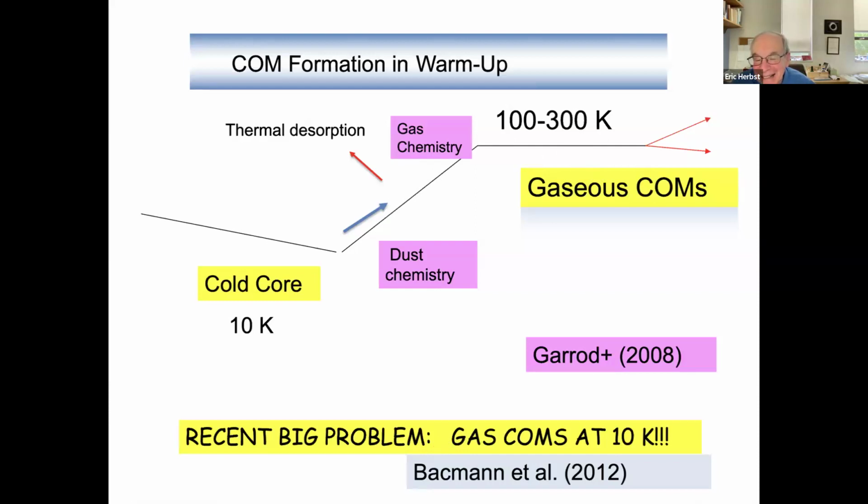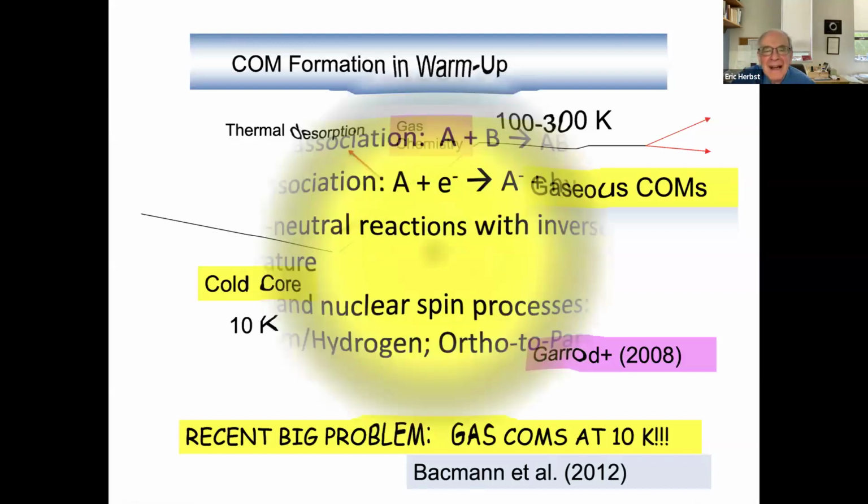And indeed, they now seem to love 10 Kelvin. So we have very cold molecules and warm molecules. The cold ones were seen about 10 years, I suspect, a little more than the warm ones. And they're seen in regions in between. So the chemistry is getting more and more complicated as to how you can do this.